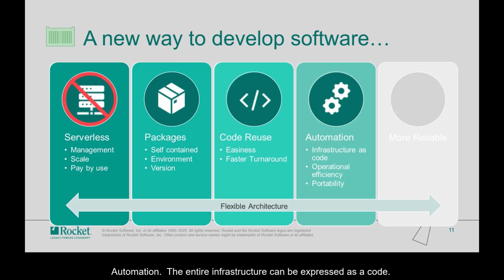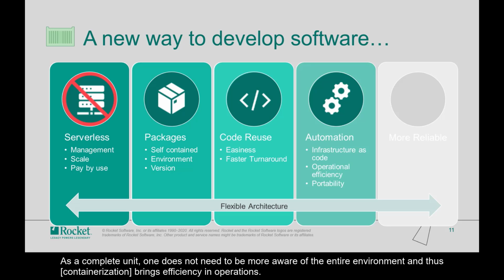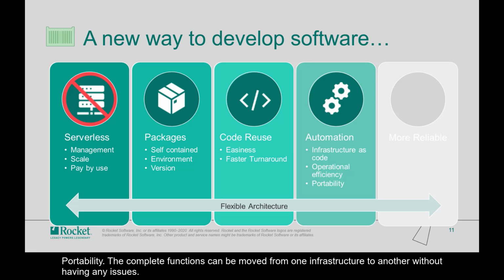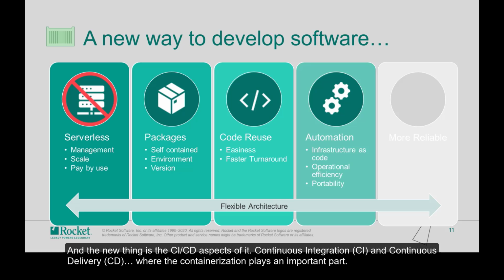Automation. The entire infrastructure can be expressed as code. As a complete unit, one does not need to be aware of the entire environment, and thus it brings efficiency in operations. Portability. The complete functions can be moved from one infrastructure to another without any issues. And the new thing is the CI/CD aspect of it.